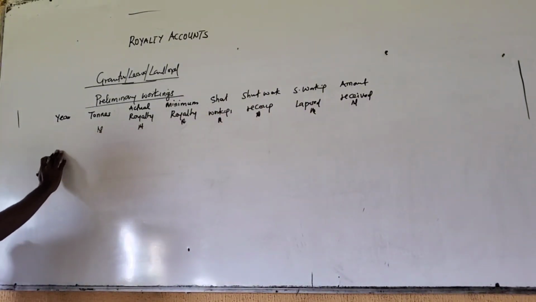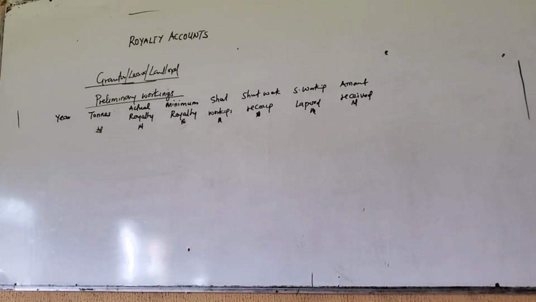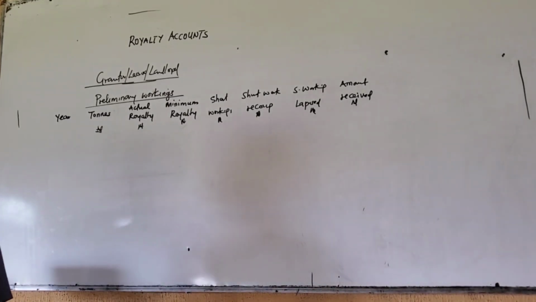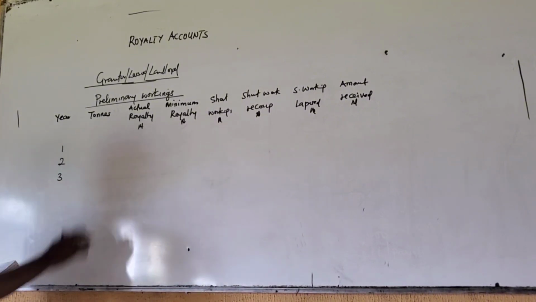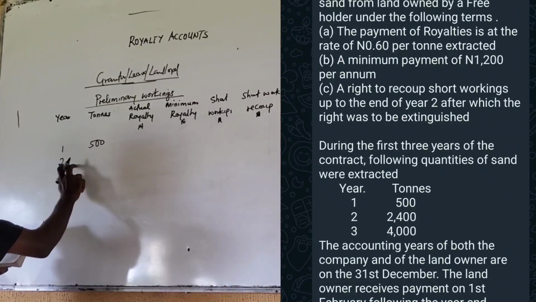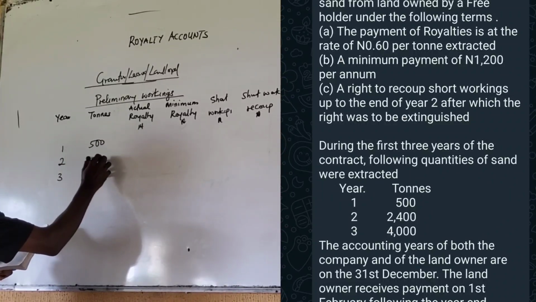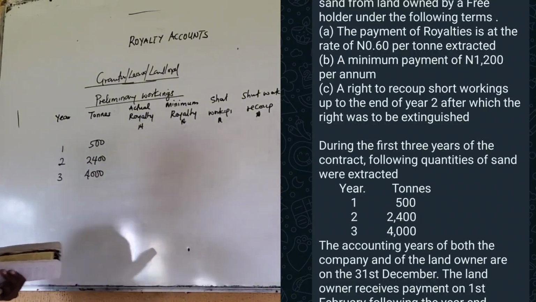So for year 1, we were given year 1, year 2, and year 3. Year 1, how many tons were extracted? 500. Year 2, 2,400. Year 3, 4,000. Now look at the question.